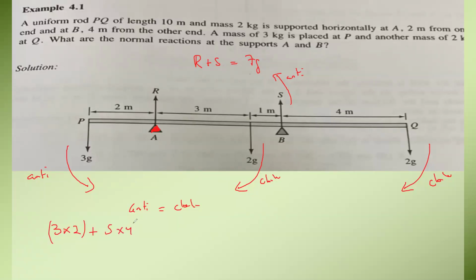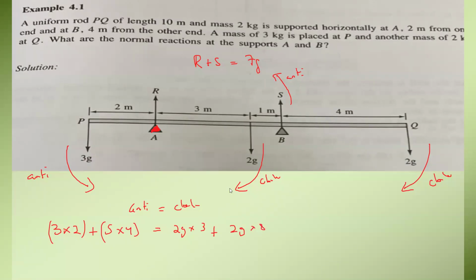So S into 4 equals the total clockwise turning effect. This is 2G multiplied by the distance from the pivot, that is 3, plus another force of 2G at a distance of 3 plus 1 plus 4, so the total is 8.